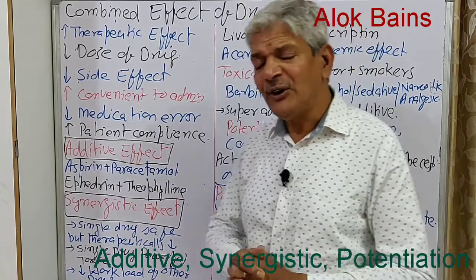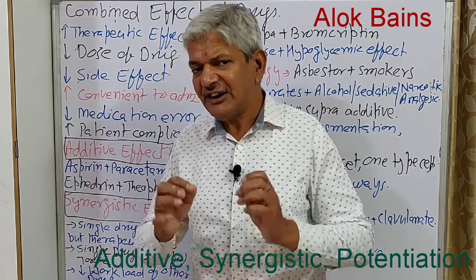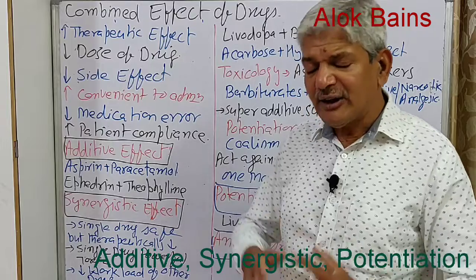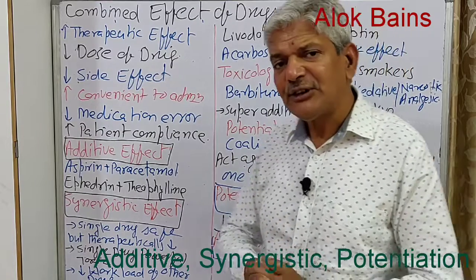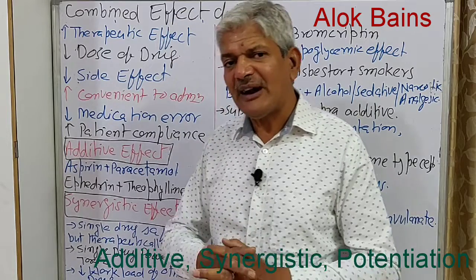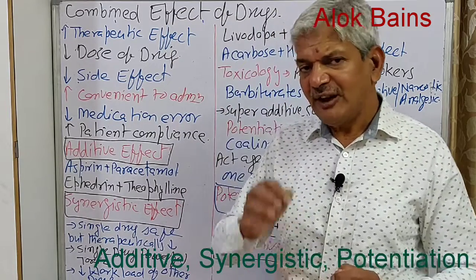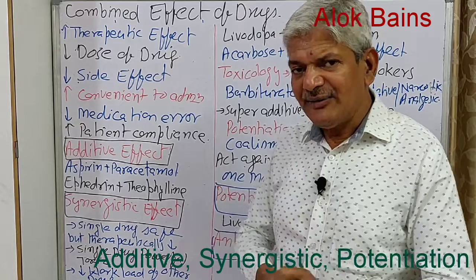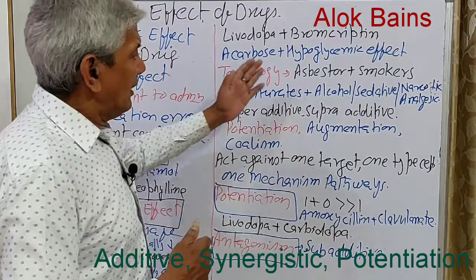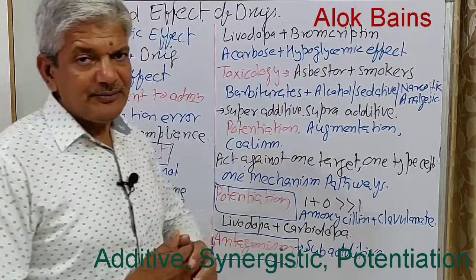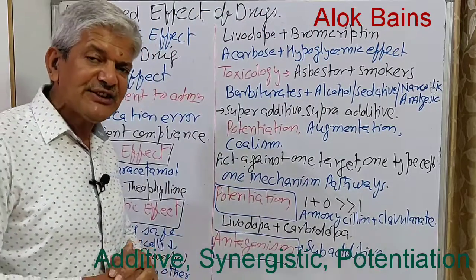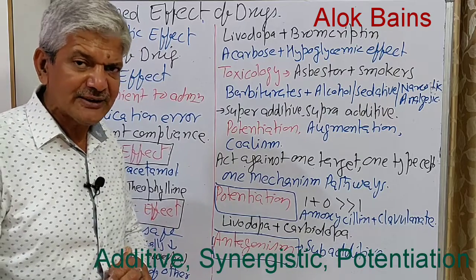We all know levodopa is a dopaminergic drug; inside the body it stimulates dopaminergic receptors, and it is metabolized by an enzyme inside the body. Similarly, there is another drug, bromocriptine. The combination of levodopa and bromocriptine is used as a synergy to produce the synergistic effect.